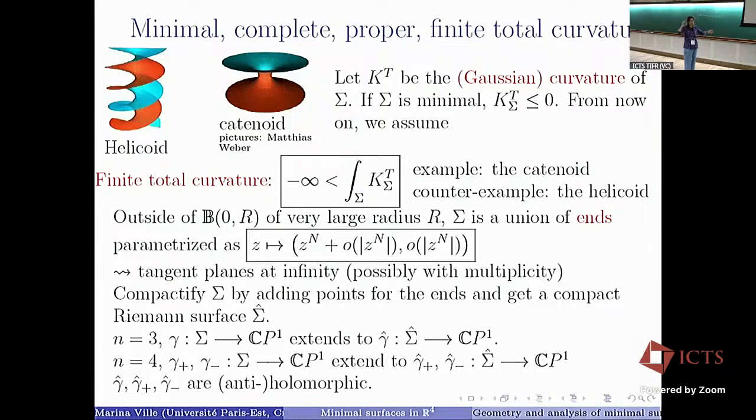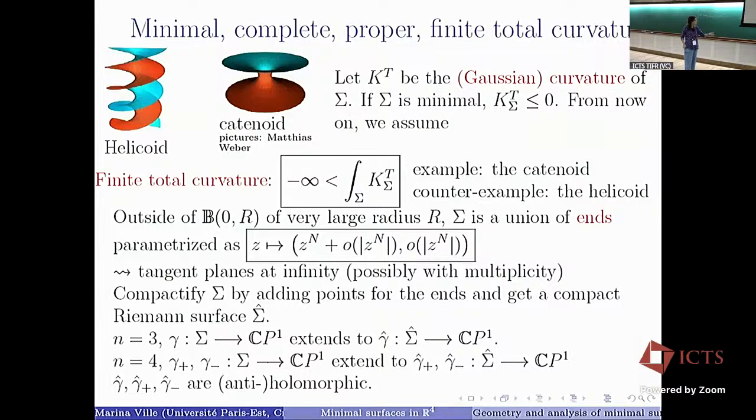We can compactify sigma by adding a point for each end, so we get a compact surface sigma hat. By mapping the point which we have added for an end to the corresponding tangent plane at infinity, we can extend the Gauss map to a map from sigma hat to CP1.